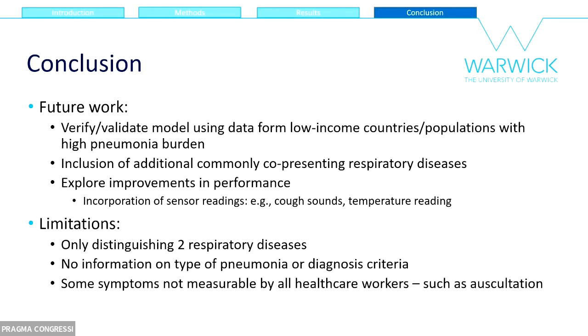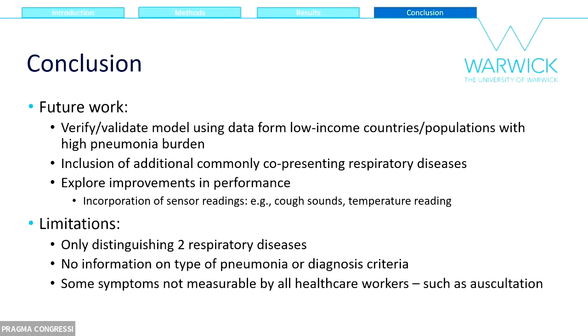So collecting data from different populations would be really important, especially those with the highest burden of disease. It would also be possible to incorporate other respiratory diseases which are likely to be presenting in the same populations, and this would give you a more comprehensive screening tool. And as sensors become more effective and cheaper, it's possible to incorporate readings from these as well, as probably people are investigating in their projects.